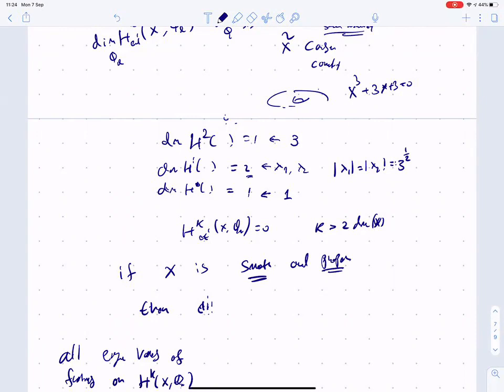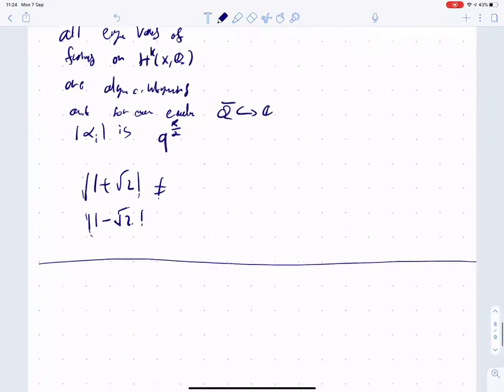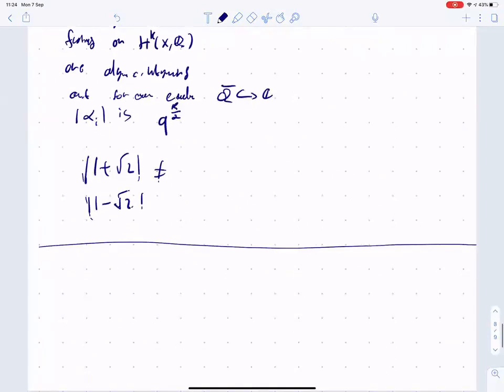Okay, so now the thing that I want to do is try to say how do we say such a thing without the assumption of smooth and proper, and hopefully slowly we'll get to where we want.